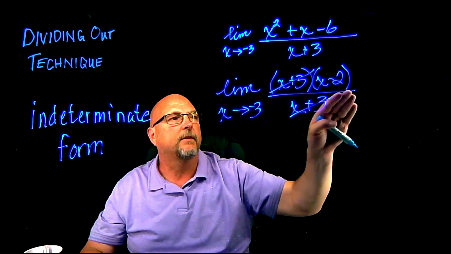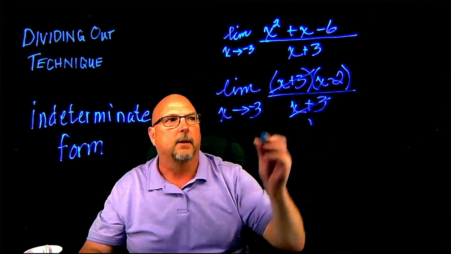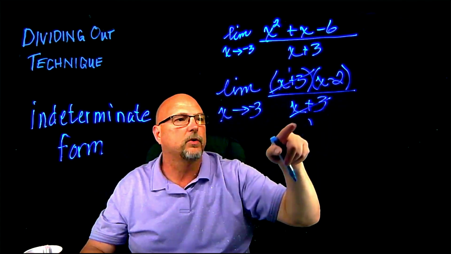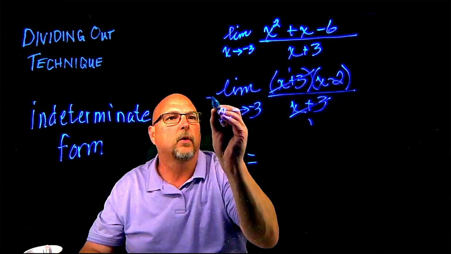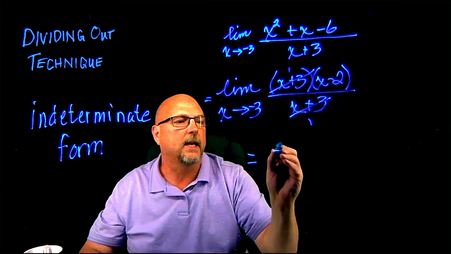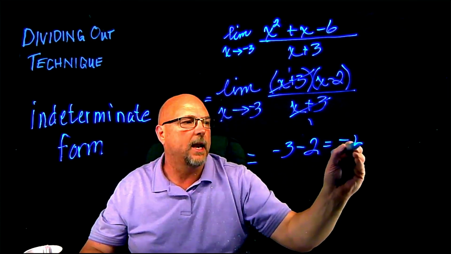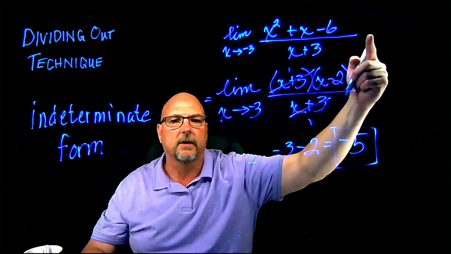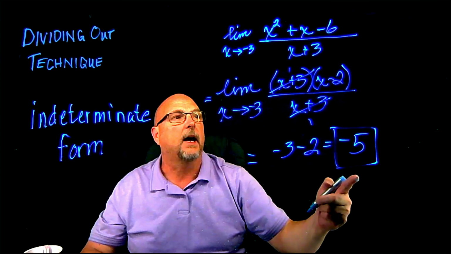So now I just have an x minus 2 left, and you can't end up with a 0 in the denominator, naturally. So I have 1 times x minus 2 over 1. If I go to direct substitution here, I'm going to stick a negative 3 in place of the x, which equals negative 5. So the limit of this expression as x approaches negative 3 ends up being negative 5.